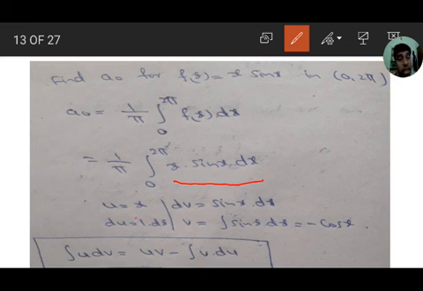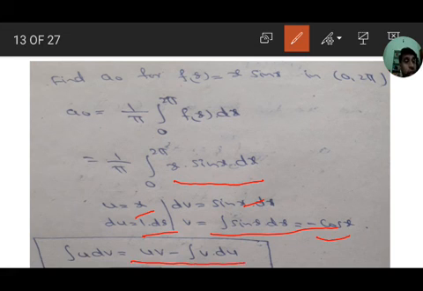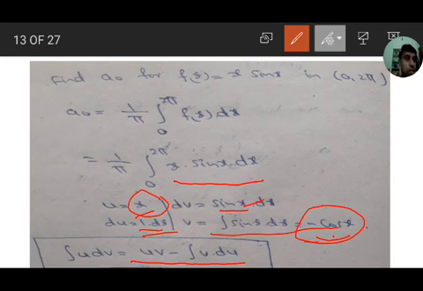I am taking u equal to x, dv equal to sin x, so du equal to 1 into dx, v equal to the integration of sin x, that is minus cos x. By the formula uv minus integration of v du: u means x, v means minus cos x, so minus x into cos x, minus of the integration of minus cos x into 1 into dx.